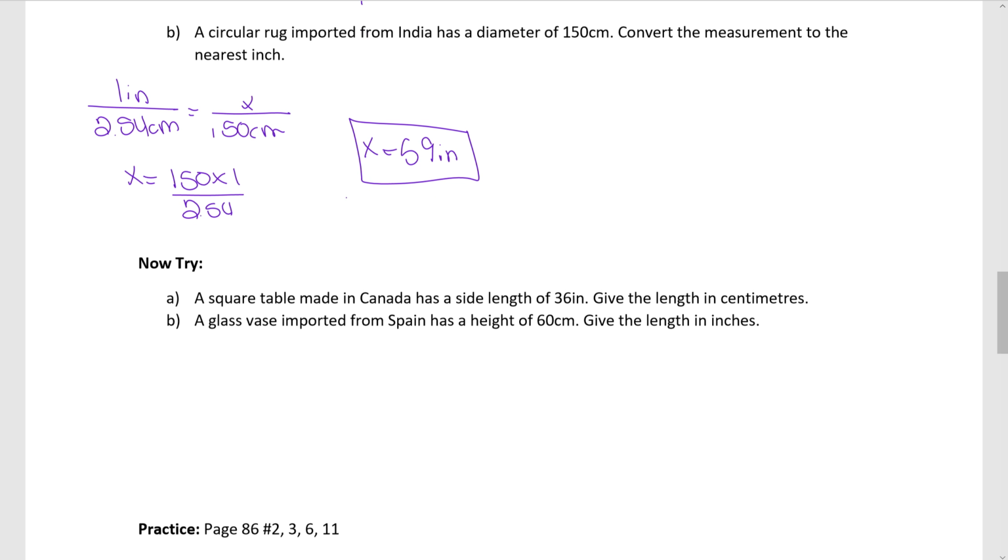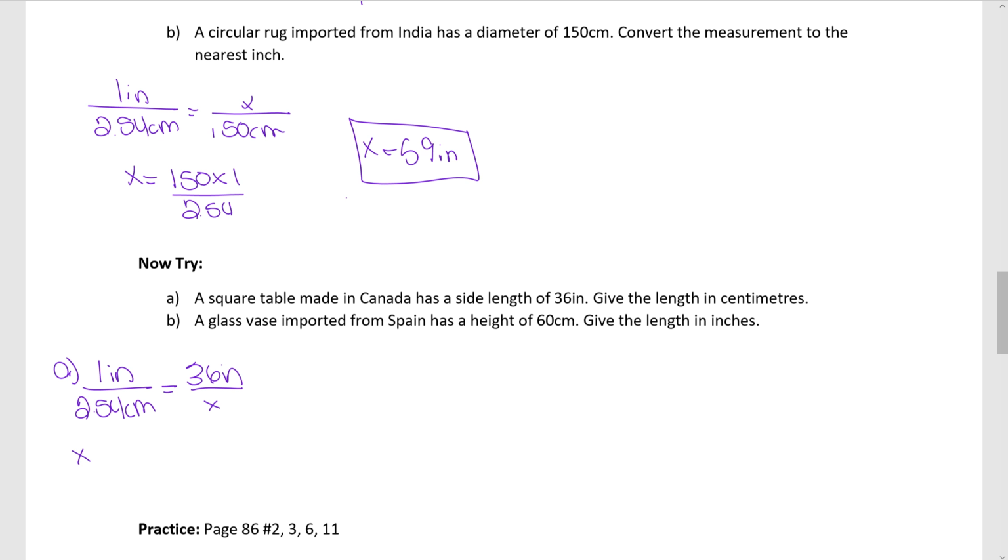Okay, so since we're still dealing with centimeters and inches, we're still dealing with that same conversion rate. So the first one, we do 1 inch over 2.54 centimeters, and we're converting 36 inches.